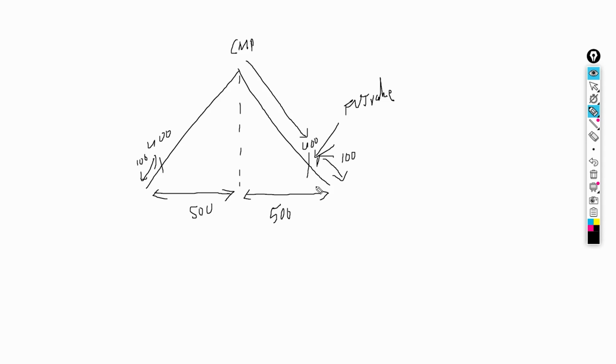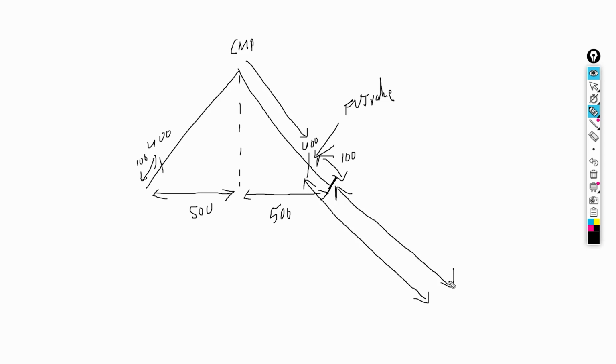Now if we take a synthetic future long here, wherever the market goes, the synthetic long future will capture all the movement and give us a profit. But the straddle will give us a loss after this break even.